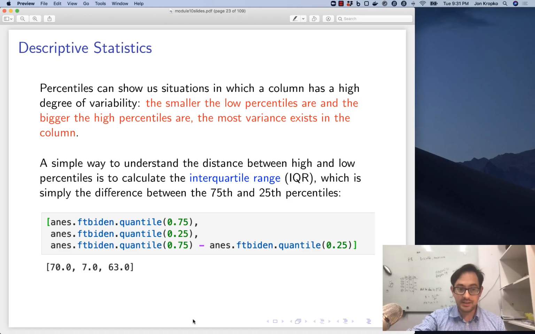So for Biden, here's the 75th percentile, it's 70. So that means 3/4 of the rows have a thermometer score for Biden of 70 or lower. And then the 25th, 7 or lower. And then the difference, 63. Okay, so that's a pretty quick and easy way to understand the variability. The bigger the interquartile range, the bigger the difference between the 75th and 25th, and so the bigger the spread there.